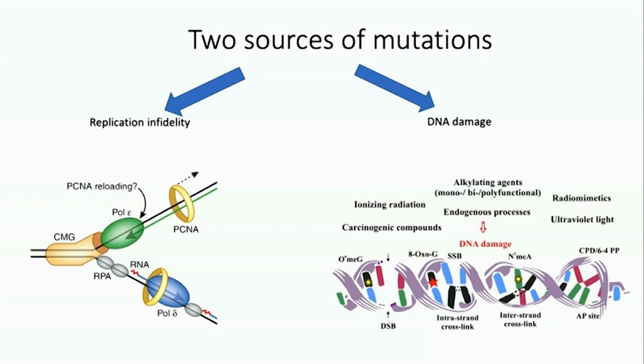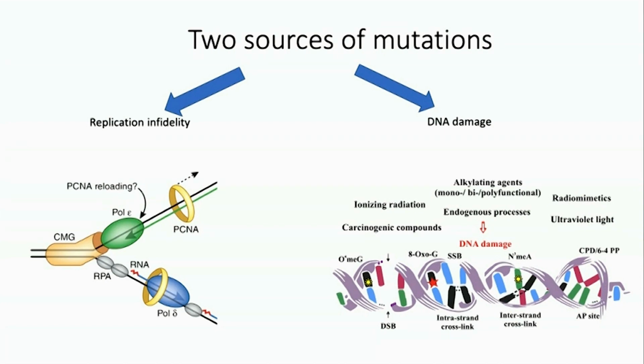It's semi-conservative, so you have the original DNA put as a bubble, and then new DNA strands are synthesized based on the original DNA molecule. And this process definitely may introduce mutations by itself because the proteins that double the DNA have some error rate, and this is one source of mutation.